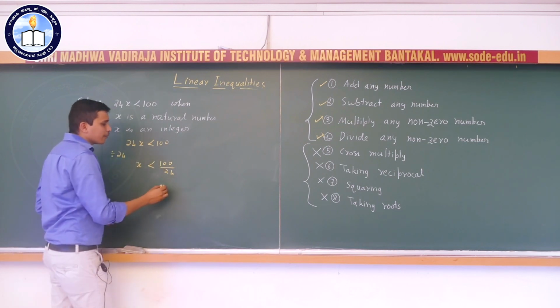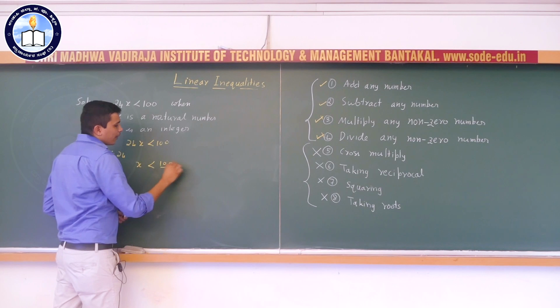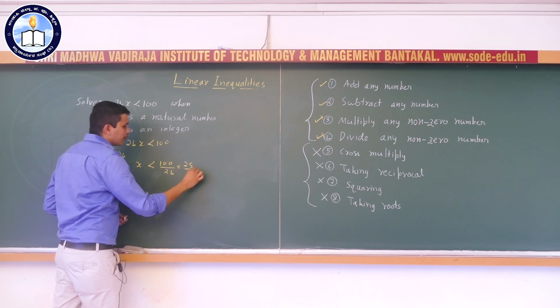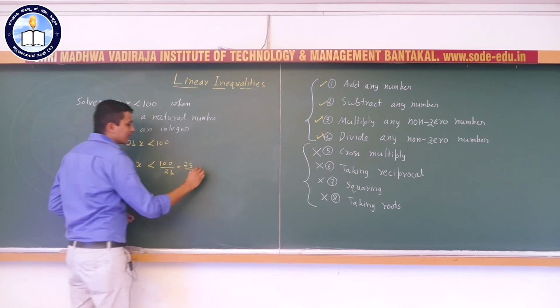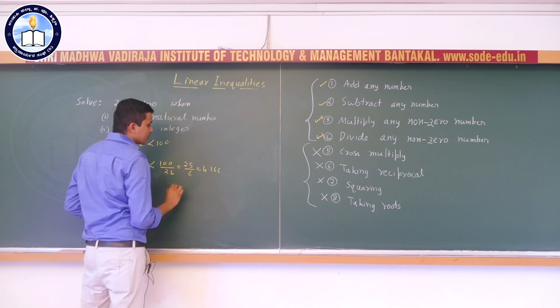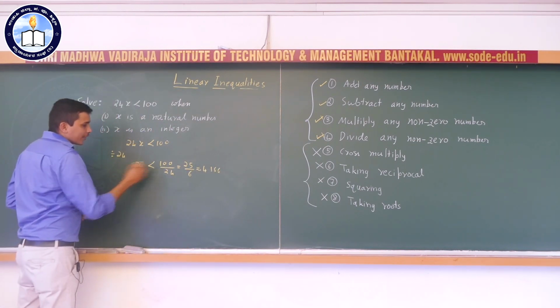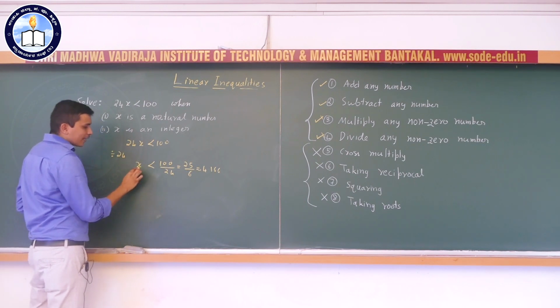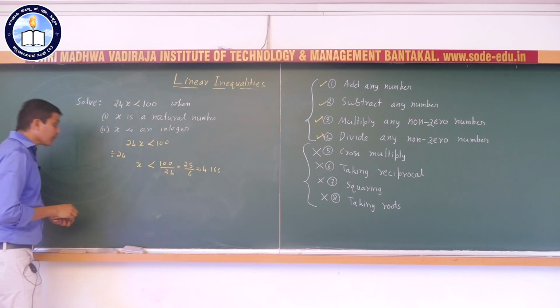And 100 divided by 24, I can divide by 4, it is 25 divided by 6, right? It comes to nearly 4.166, somewhat such a number. So finally, x is less than 4.166.